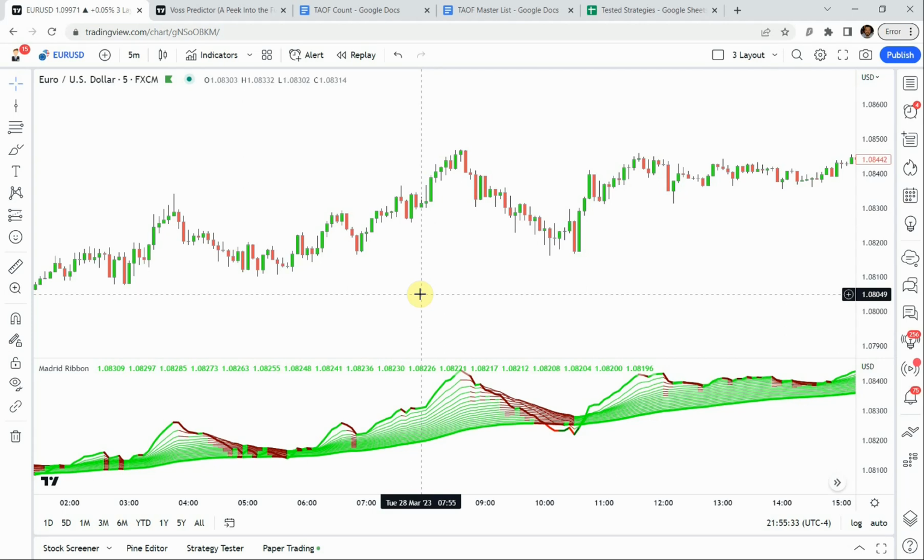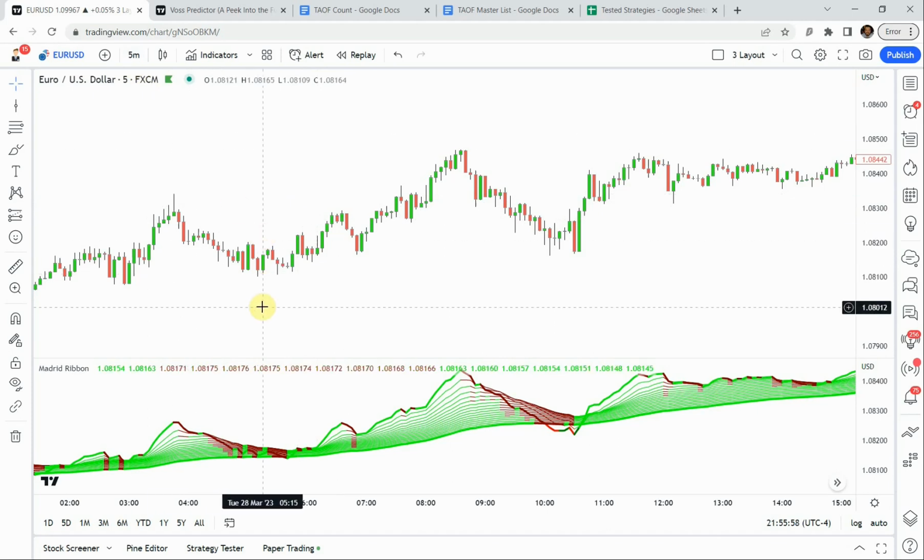We obviously tested the first indicator on that first video, and this will be the second one. Like I said, we'll do videos on the other 3 in the near future. This particular indicator, as per the source video, again was tested on the euro versus USD on a 5-minute chart. The indicator itself is the Madrid ribbon.